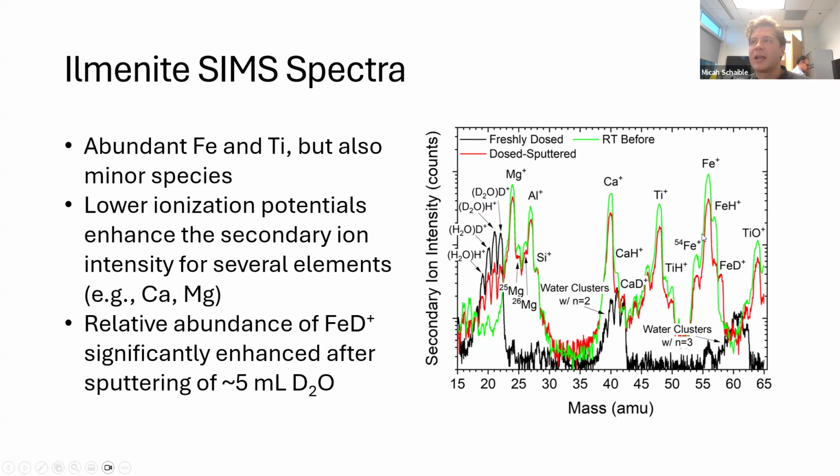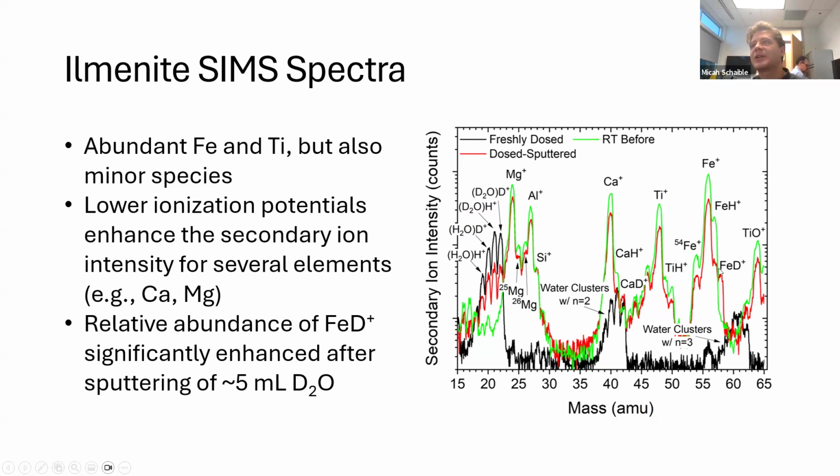SIMS. So again, we can see that there are reactions between some of those substrate elemental species and the overlying water, where in particular here we can see it for iron, where in the room temperature spectra we see both Fe and FeH.